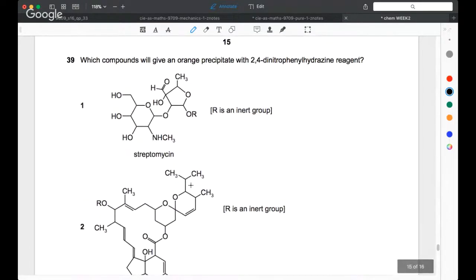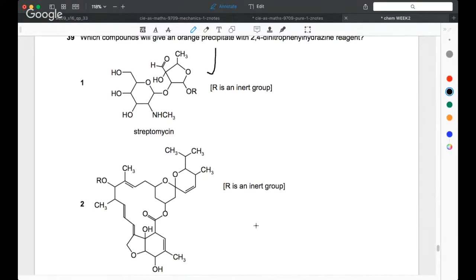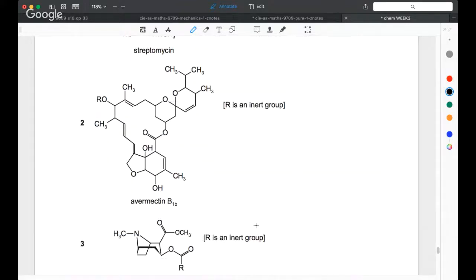39. So they're literally asking which ones have a carbonyl. So this one does. This one does.